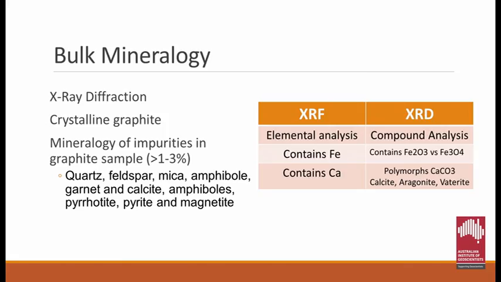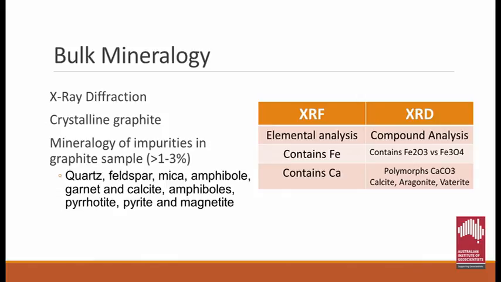Bulk mineralogy, again, you can perform with X-ray diffraction. X-ray diffraction looks at crystalline carbon. So you can actually see a graphite peak in a normal graphite sample, but most of the time it's used to analyze impurities, which you can relatively clearly see if they are above 1 to 3%.